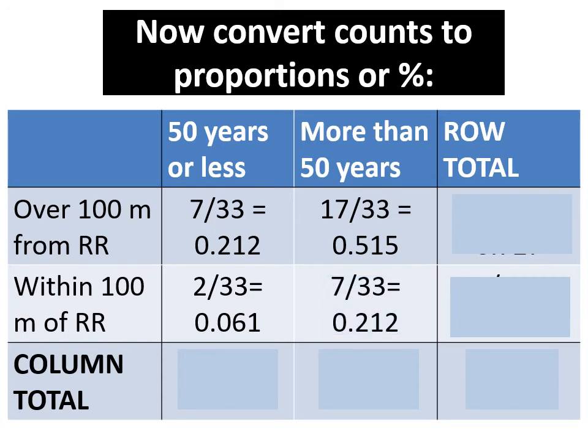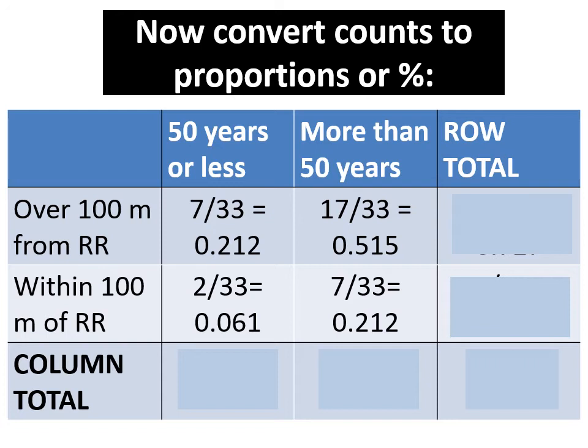And this last category, more than 50 years and within 100 meters of the railroad, there are 7 houses that fall into that category out of the 33 total houses in our sample. And that is 0.212 as the proportion, or 21.2%.